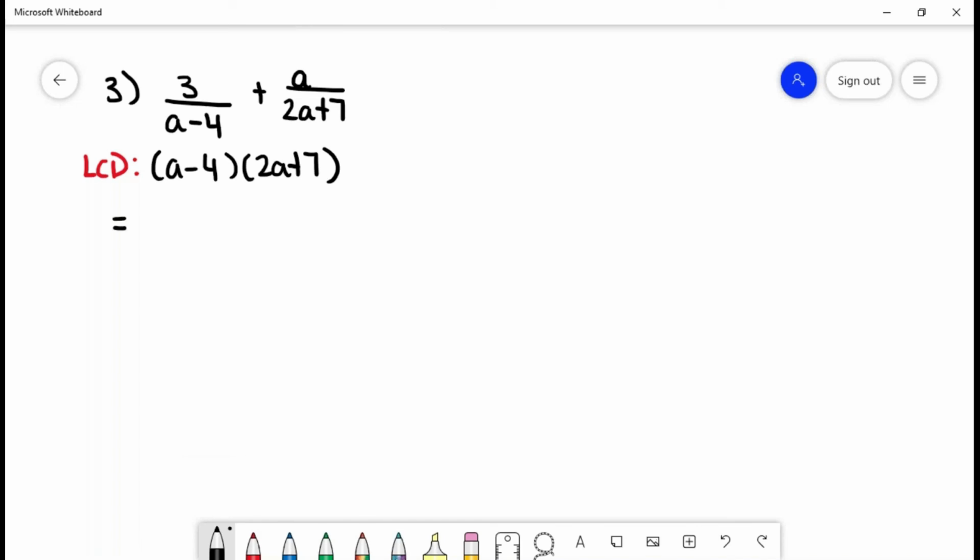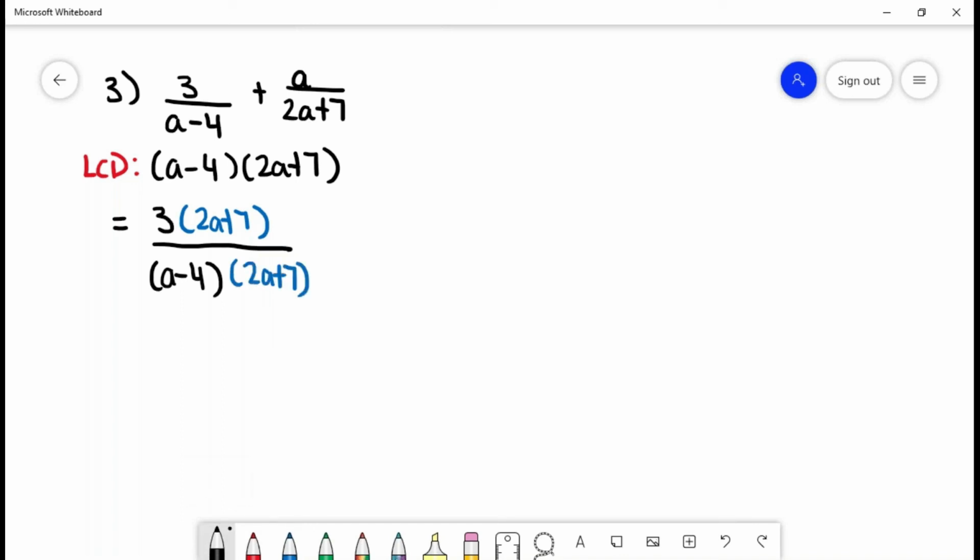For 3 divided by (a - 4), we have a - 4 in the denominator, but we need (a - 4) times (2a + 7). So if we multiply both the numerator and denominator by 2a + 7, we'd achieve a common denominator. And that's exactly what I'm going to do right now.